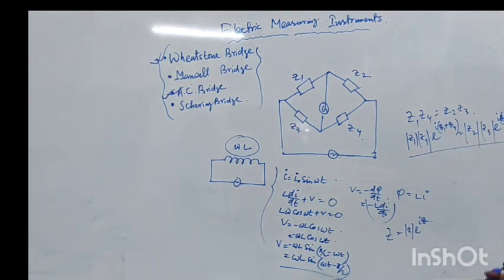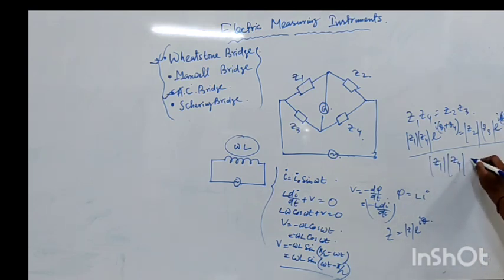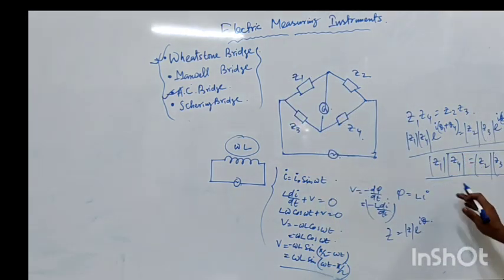If we balance one complex equation, we can easily see that mod Z1 mod Z4 should be equal to mod Z2 mod Z3. It is one condition that gives the purely resistive balance of the circuit, simply connected to the Wheatstone bridge. And another condition will be theta 1 plus theta 4 equal to theta 2 plus theta 3. That gives the first condition, and this gives the second condition.